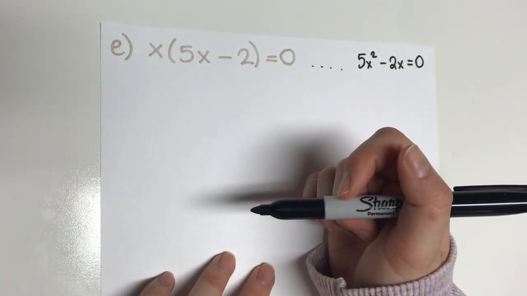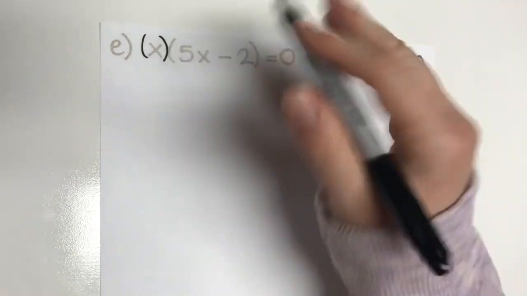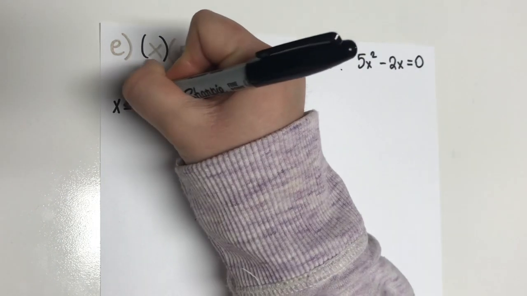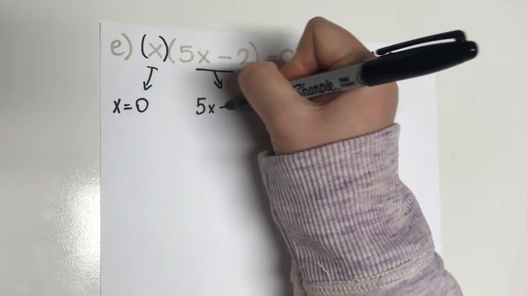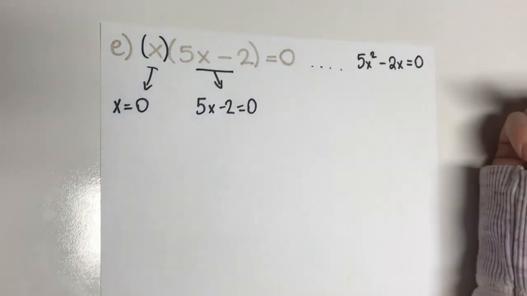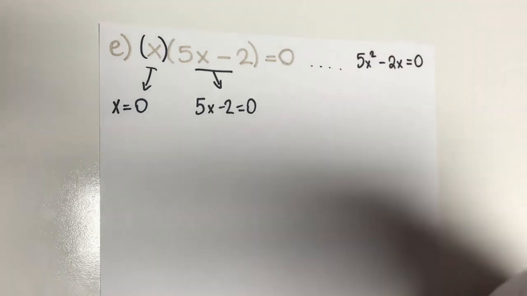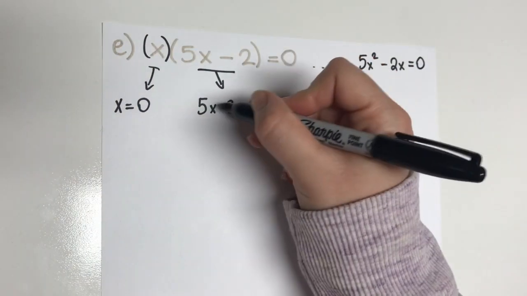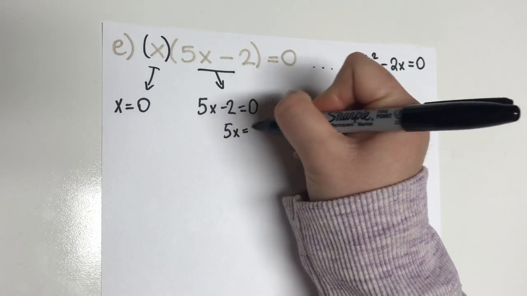So what I'm going to do is I'm going to say, okay, well that means this is my factor, this is my second factor. So that means that either x is equal to 0 or 5x minus 2 is equal to 0. It's really the same step as before, it's just that there's nothing being added to the x here. In this case, it's just by itself. So I need to solve for the x, so I'm going to bring the 2 over to the other side.